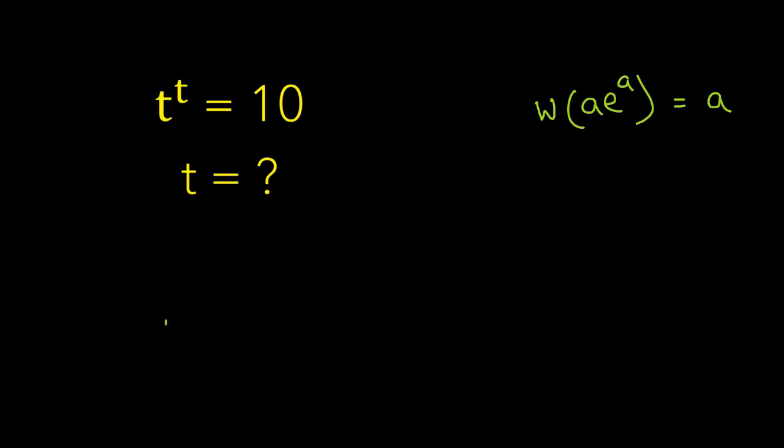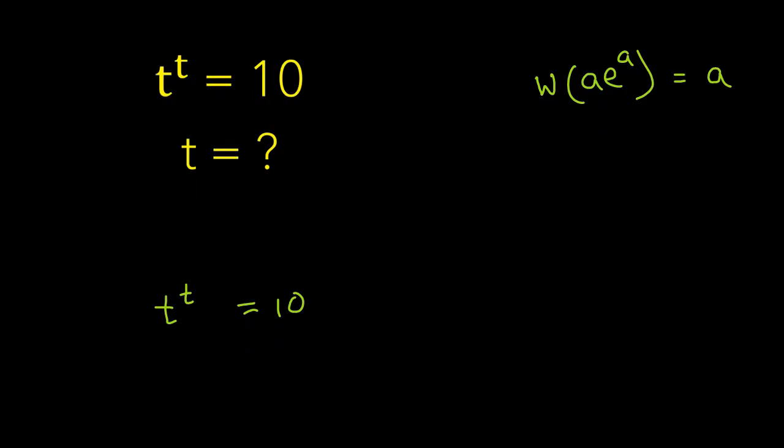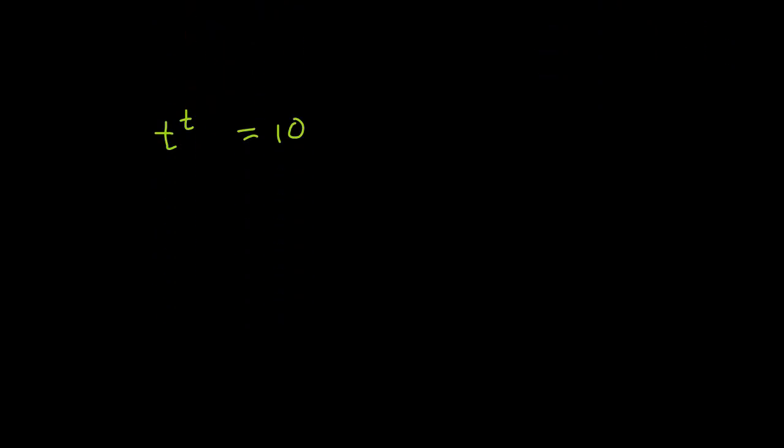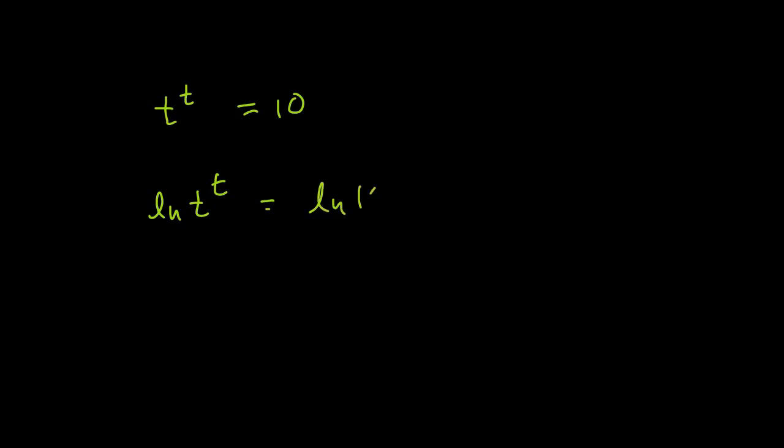We have here t to the power t equals 10. We can apply natural log on both sides and we can write ln t to the power t equals ln 10. Since natural log means log base e can be written as ln, we have applied this here.